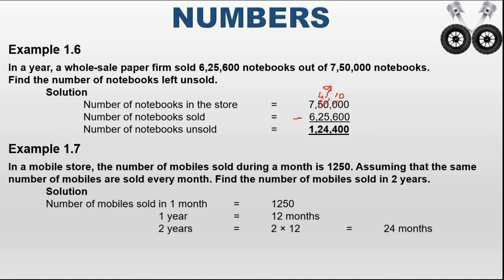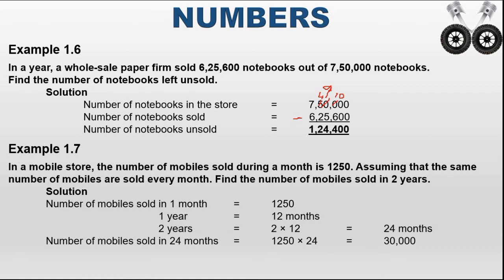So 1 year equals how many months? 12 months. That means 2 years equals, here the years are increased, so the months also increase. So we have to multiply. 2 into 12 equals 24. So for 2 years, there are 24 months. Next, the number of mobiles sold in 24 months, that is 2 years: for 1 month the mobiles sold is 1,250.